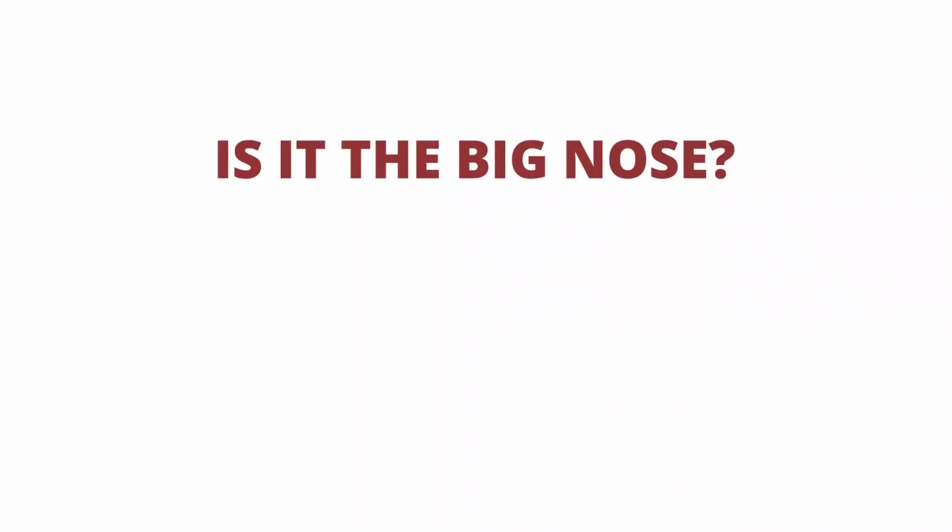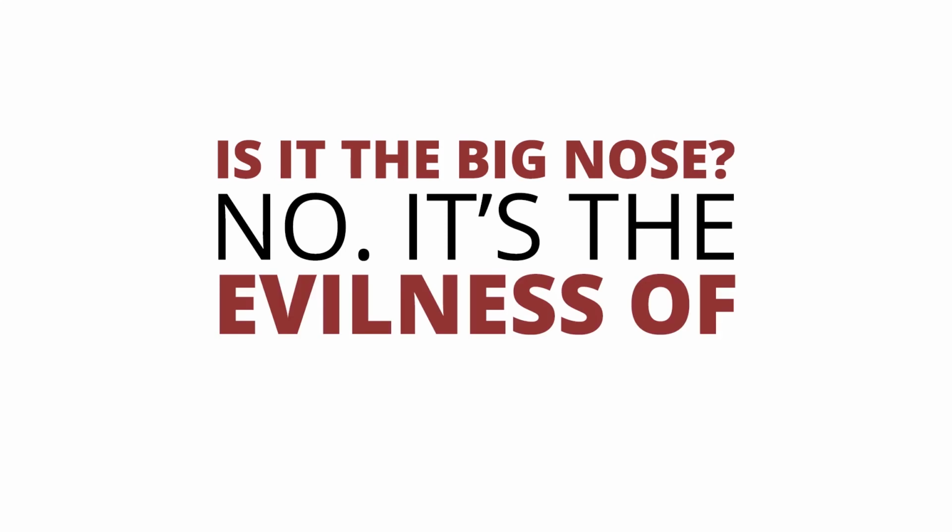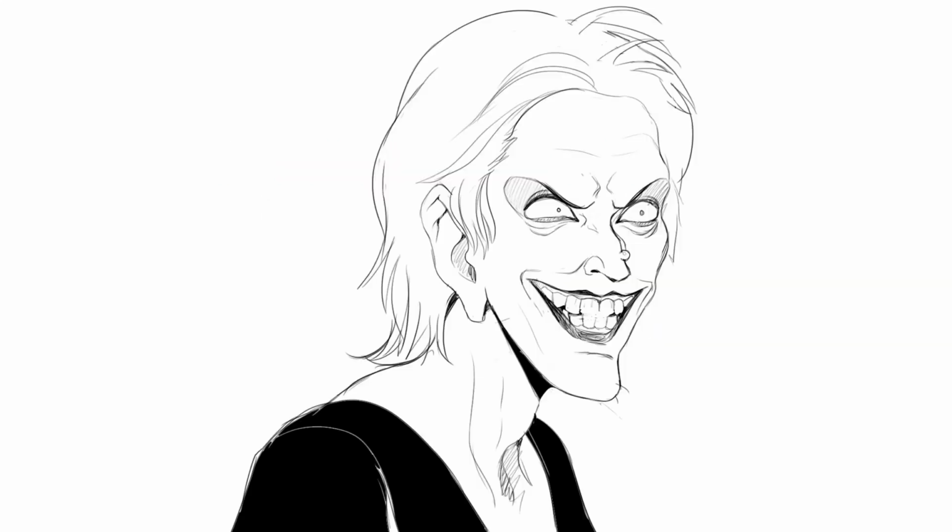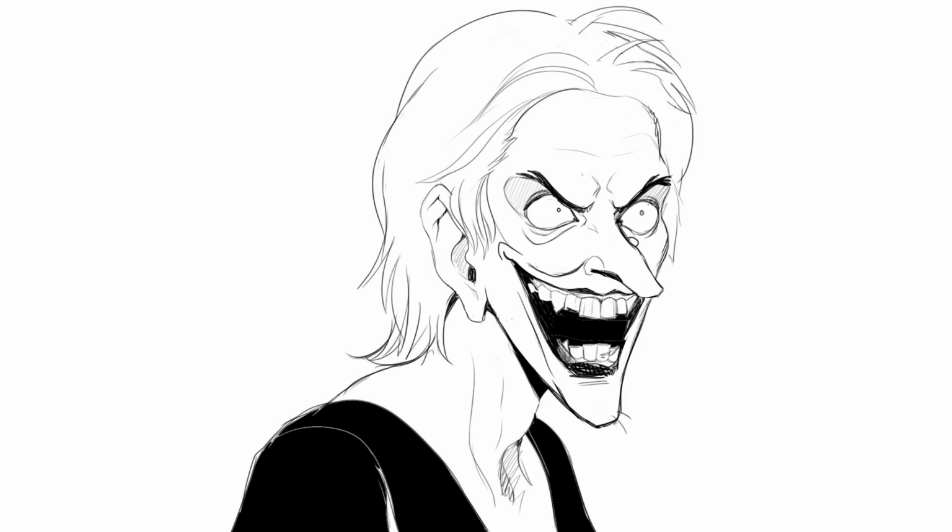To do it correctly, you have to find the quality of the character and exaggerate it. Is it the big nose? Nope. It's the evilness of your character. Look, this is an evil character, and this is a really evil character. You're not exaggerating the nose.